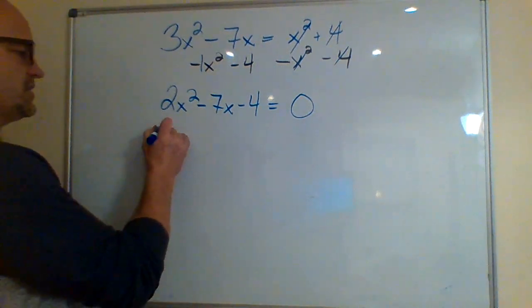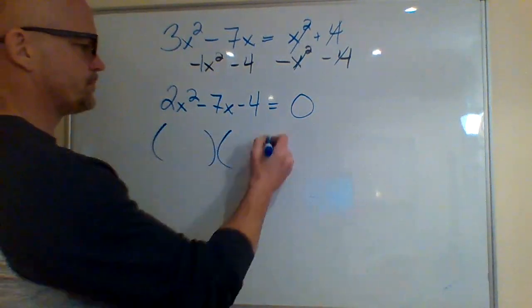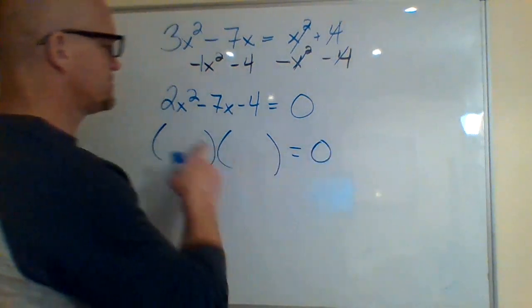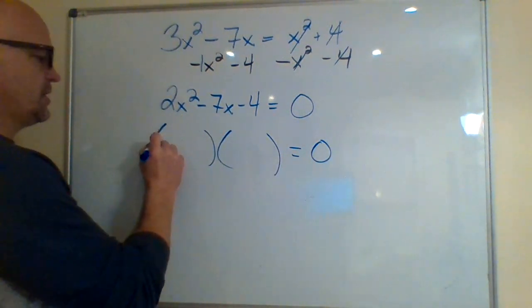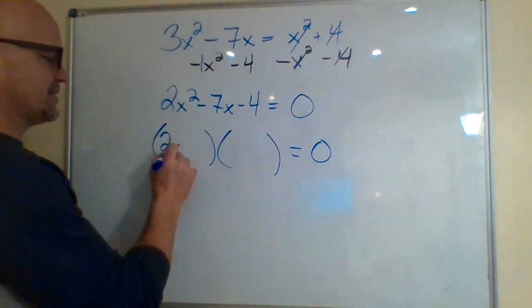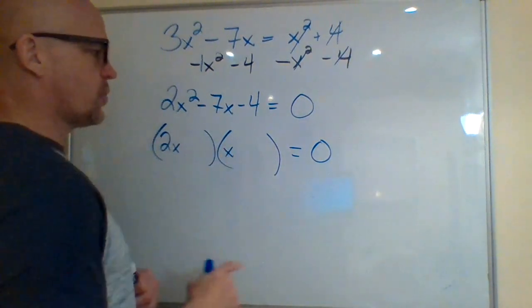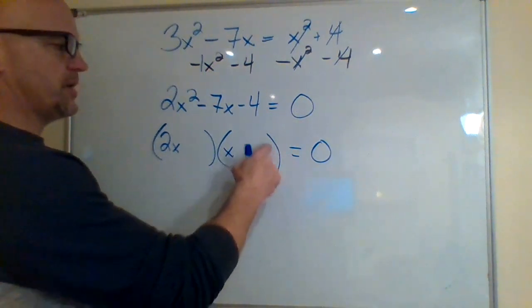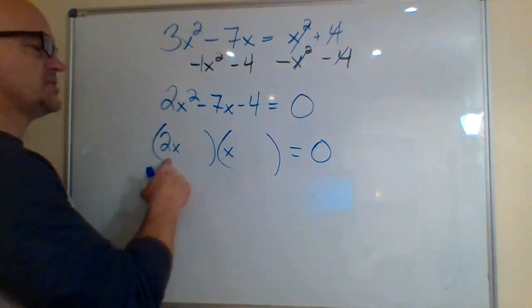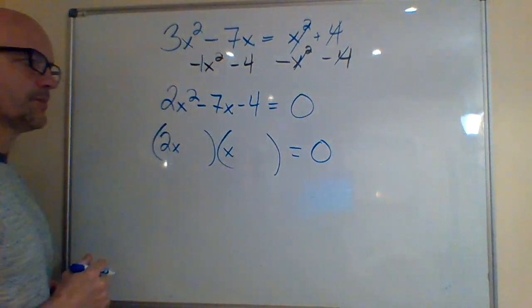The only difference is when I factor this guy, since my lead coefficient of my x squared is a 2, I'm going to have to use a 2x and an x. So of course, when I choose my values for over here, I've got to keep in mind that whatever I put in here will be multiplied times the 2 and will affect my middle term.